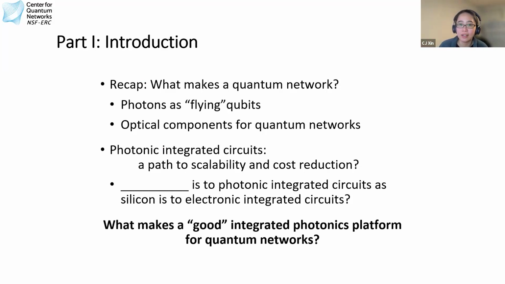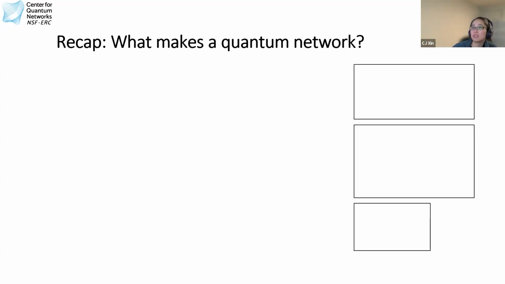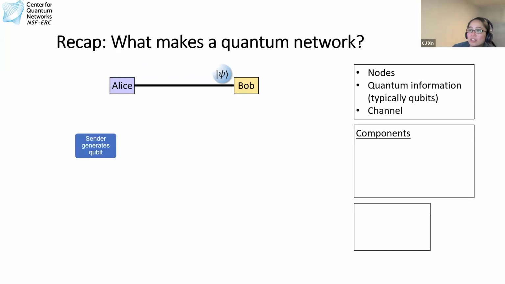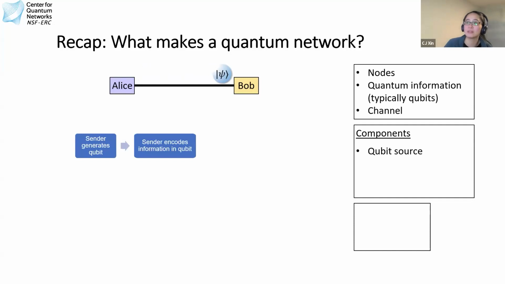First of all, a really quick recap of what makes a quantum network. Of course you need some nodes. You'll have some quantum information, usually qubits, usually in some kind of pure state, and then you're sending it through a channel. The components you need here are, well, the sender needs to generate a qubit, so you need a qubit source. The sender needs to put some information into the qubit, so you need something to encode information into the qubit.